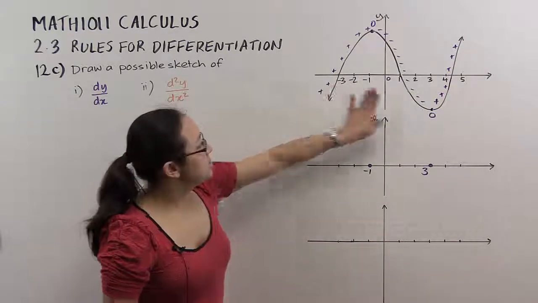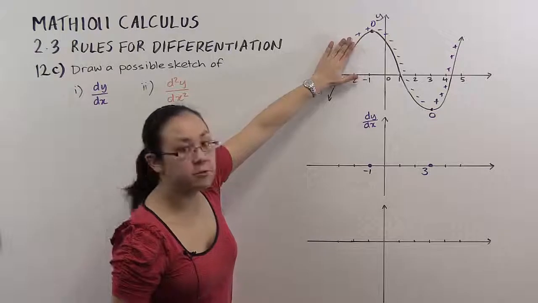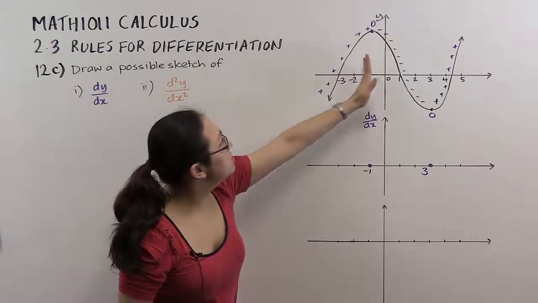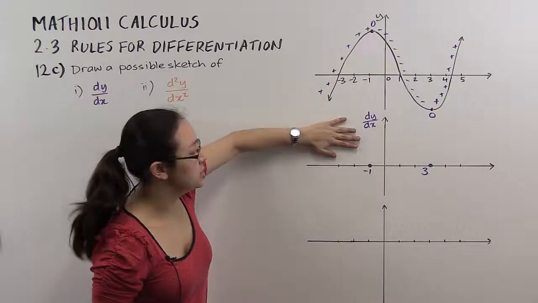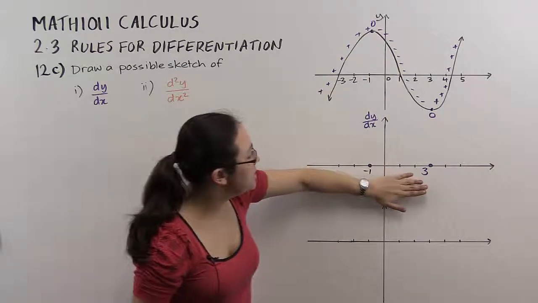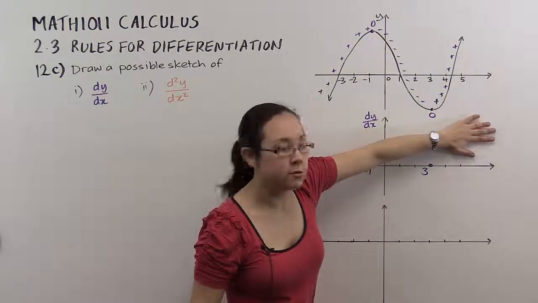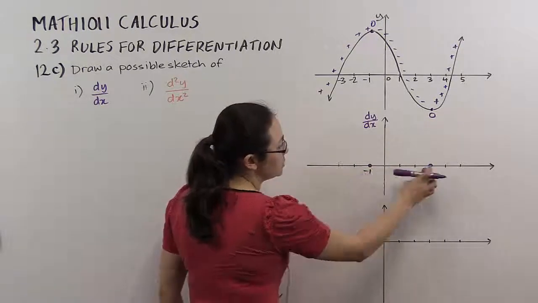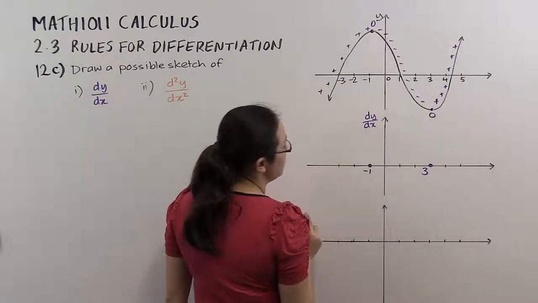So what these plus and minus signs mean is that dy/dx must be positive for x values less than minus 1. So it must be above here somewhere. dy/dx must be positive here. It must be negative between minus 1 and 3, and it must be positive over here. And it passes through 0 at minus 1 and 3 because that's where the gradient is 0.